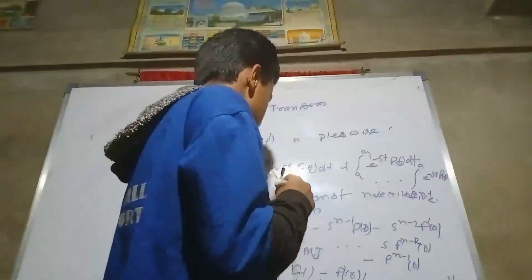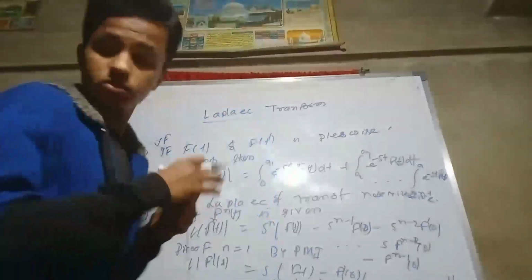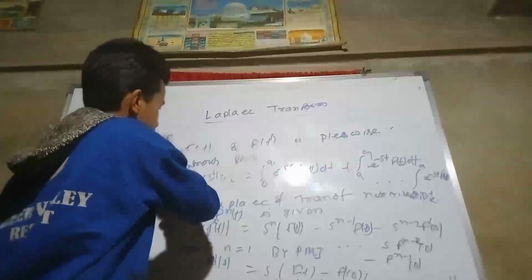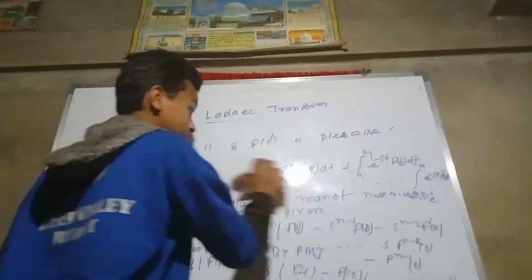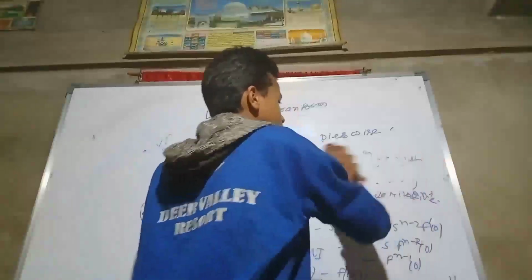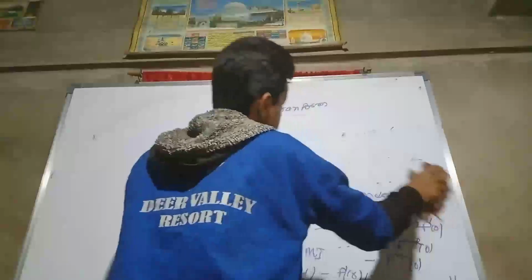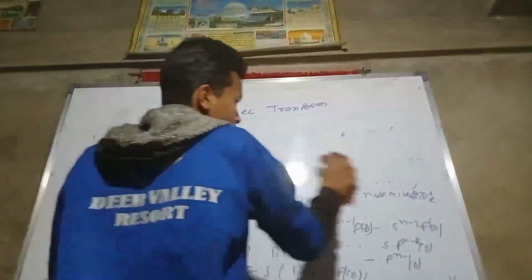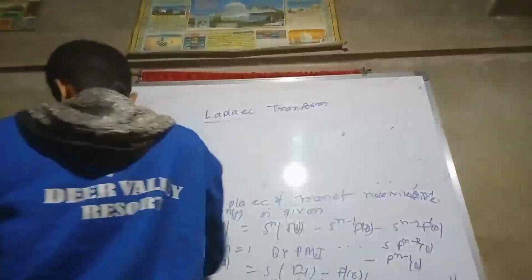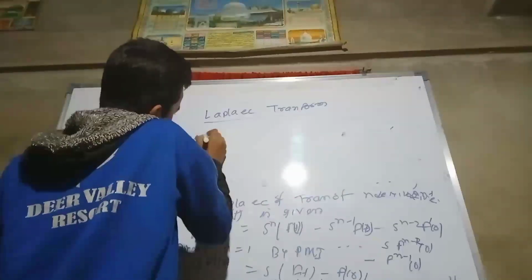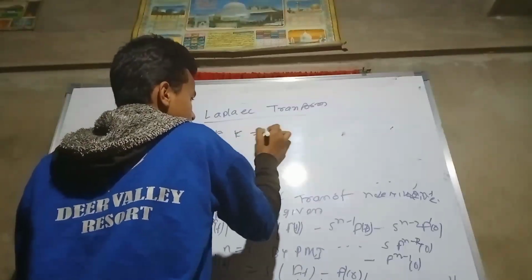After that you can prove it. You can replace k by k plus 1. So here I am erasing it. You replace k by k plus 1.